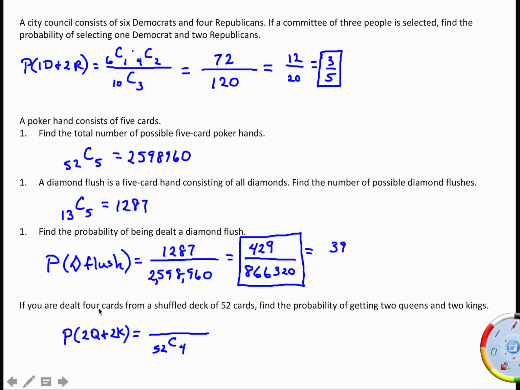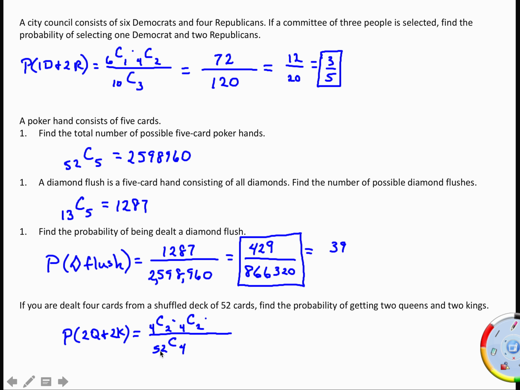Now we want to know the probability of getting 2 queens and 2 kings. Well, there's 4 queens and we want to choose 2 of them. And there's 4 kings and we want to choose 2 of them. Now technically that's enough information, but just as a thought, make sure we account for all the possible cards, right? Here's 8 cards.